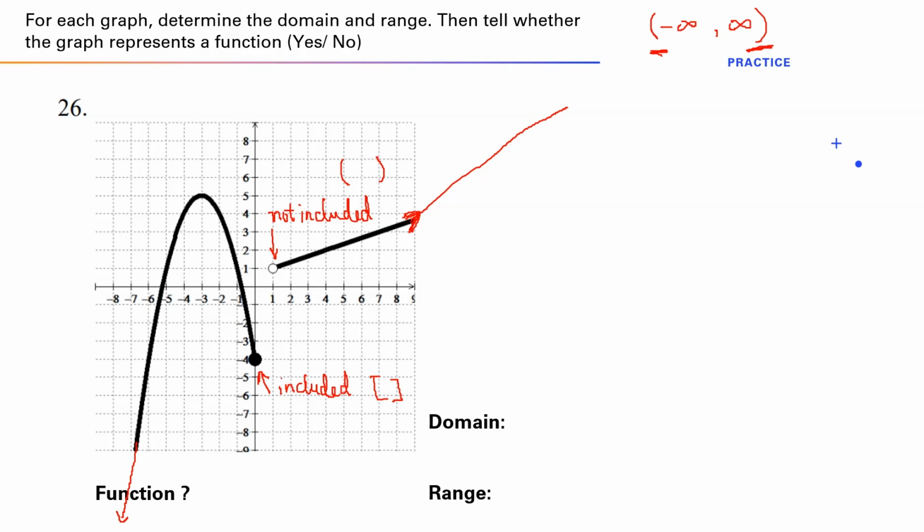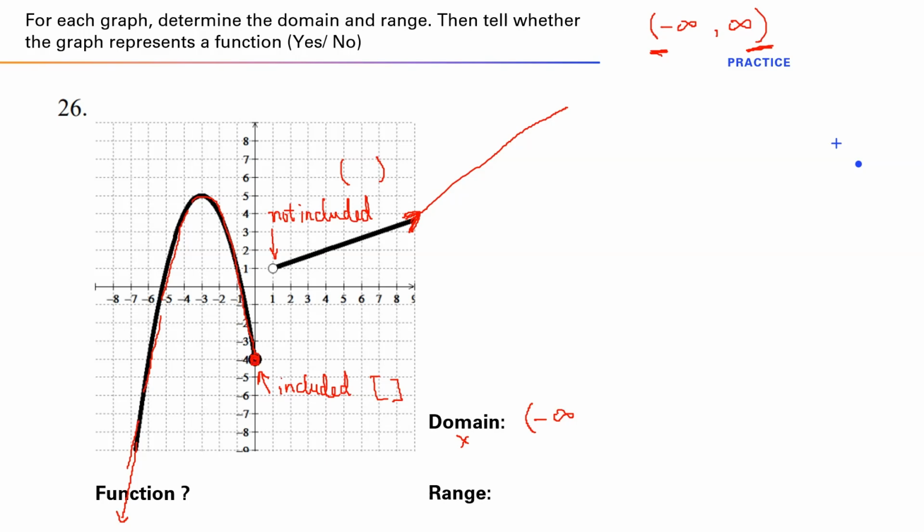Alright, so now the domain is x, right? And for the most left, you see the function goes down forever, so we don't have a left point. It will run from negative infinity until it runs up here and then stops right here.